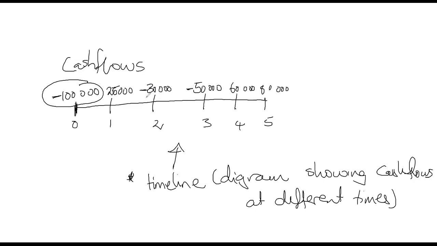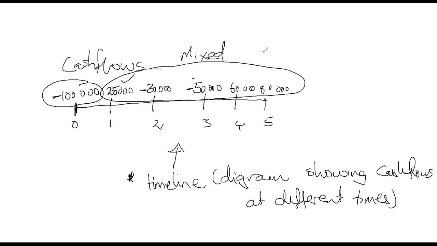So you see now we have different signs here. It's not just positive, positive, positive, positive, positive. We have positive, negative, negative, positive, positive. It's now mixed. These cash flows coming after the initial investment are now mixed.